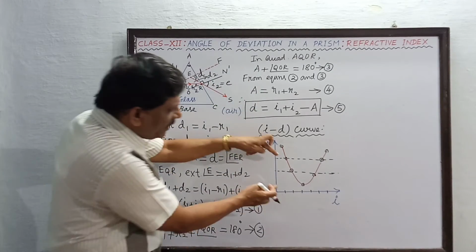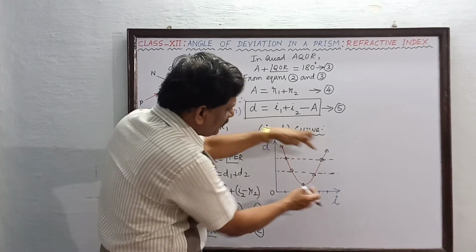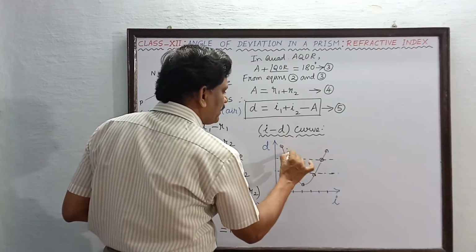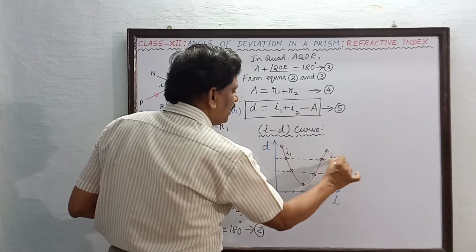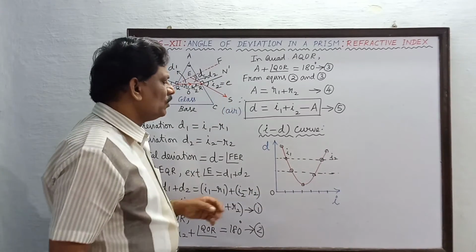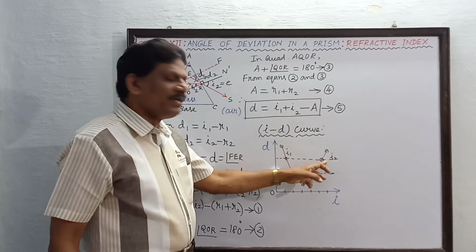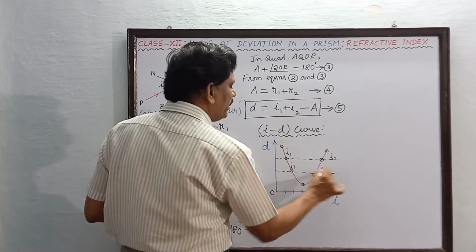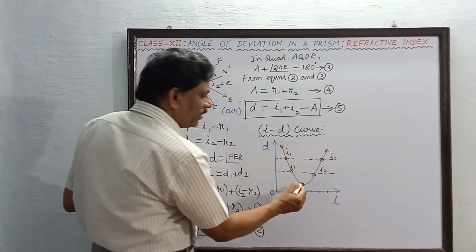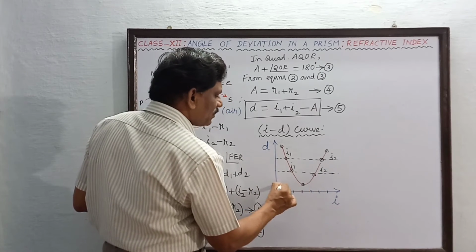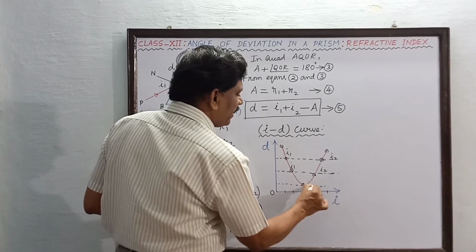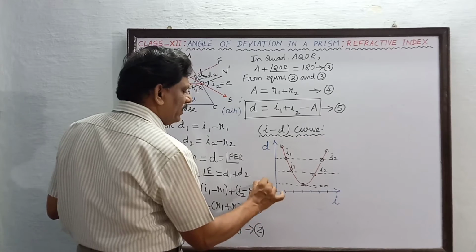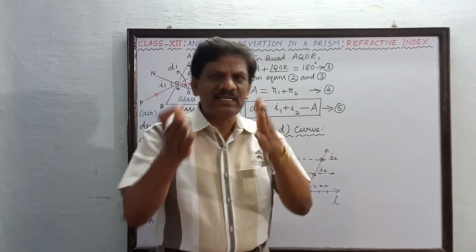Suppose a straight line is drawn parallel to the x-axis like this. Here also another line is drawn parallel to the x-axis. Can you see that the deviation is the same corresponding to two different angles of incidence? So for one angle of incidence I1 and another I2, you can see the same deviation is being produced. But can you see this point? Here the straight line parallel to the x-axis is tangential to the point, and this is the point where the deviation has attained the minimum value.